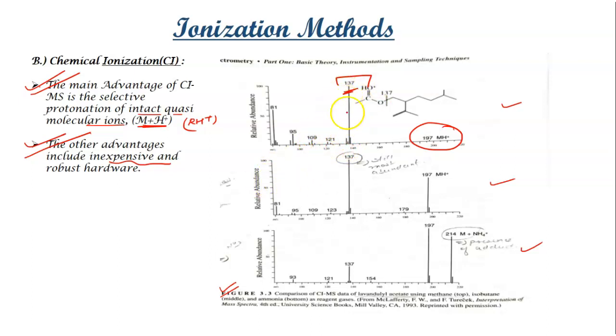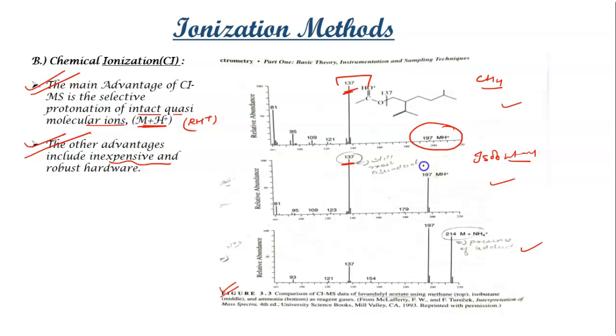So this is the most abundant peak when you are using methane as a reagent gas. If you are using isobutane, in the middle spectrum, the 137 peak is still the most abundant one, but this one is now over here.